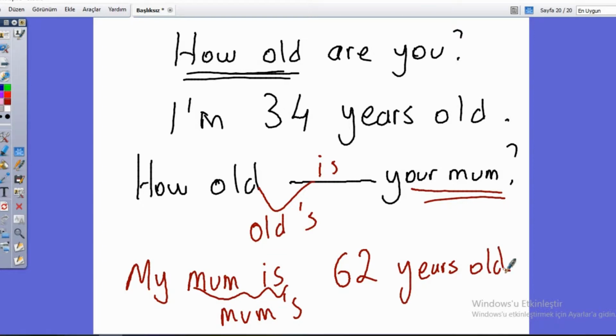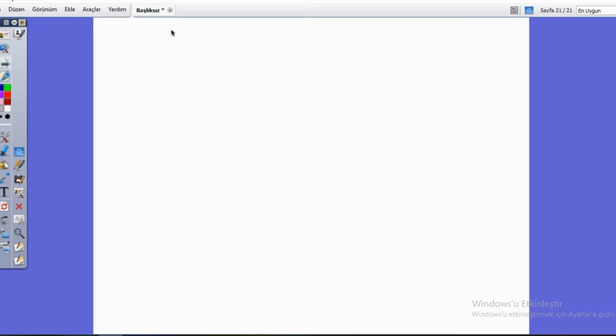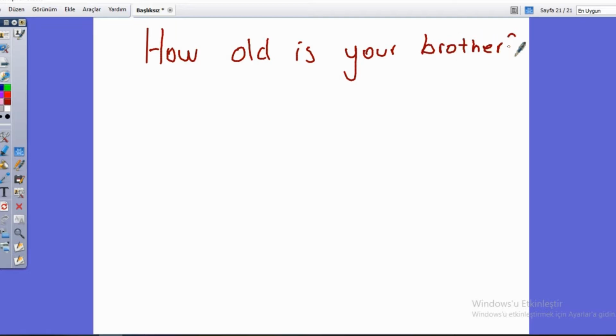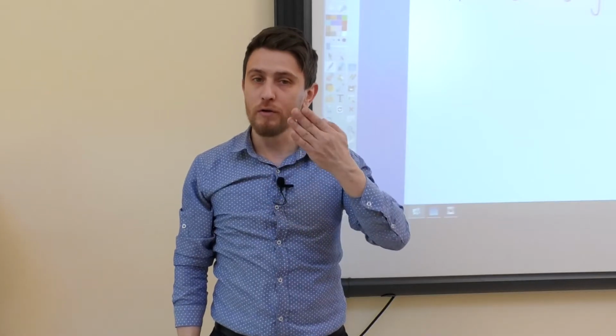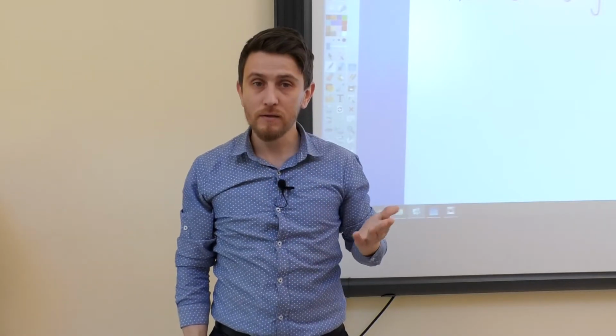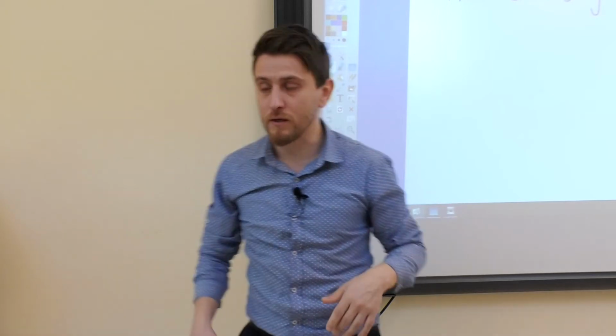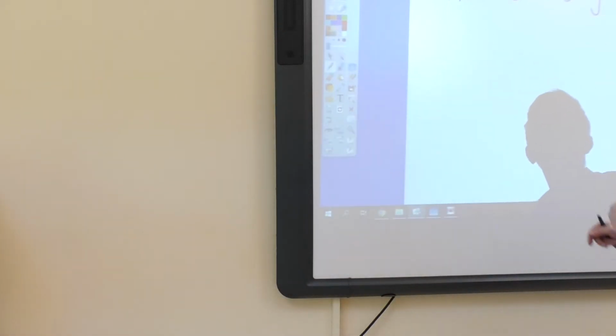How old's your brother? For example, how old is your brother? My brother is 2 years older than me, so he is 36 years old. How old is your brother?